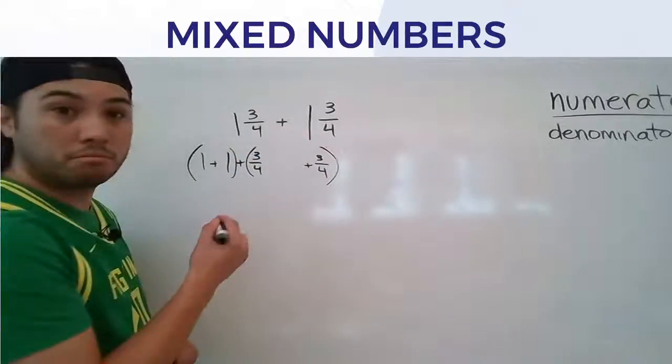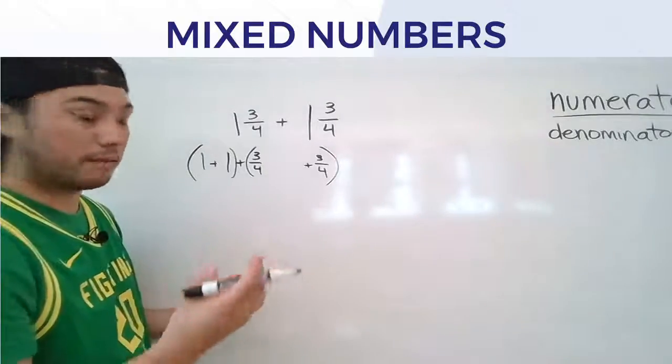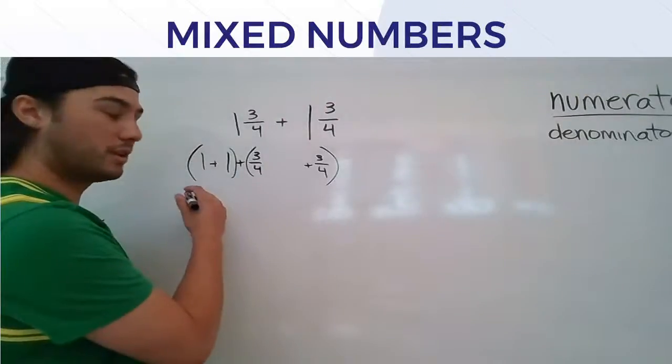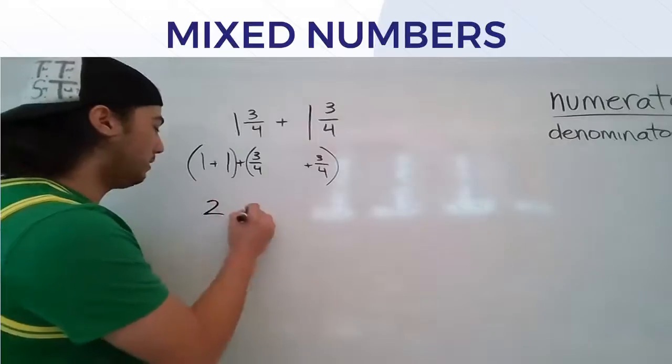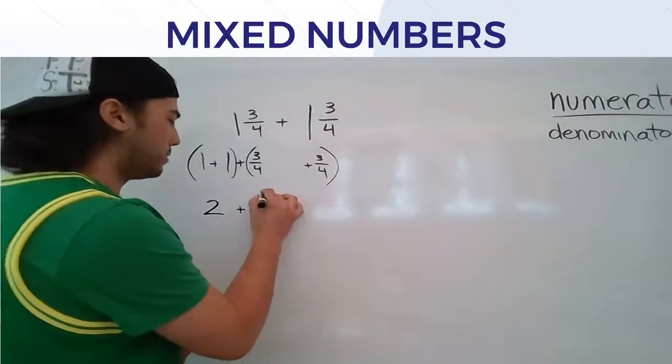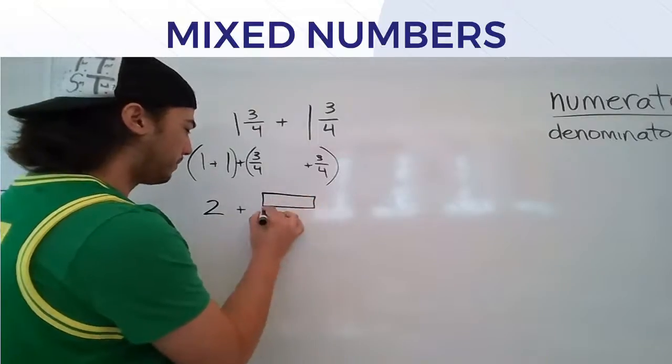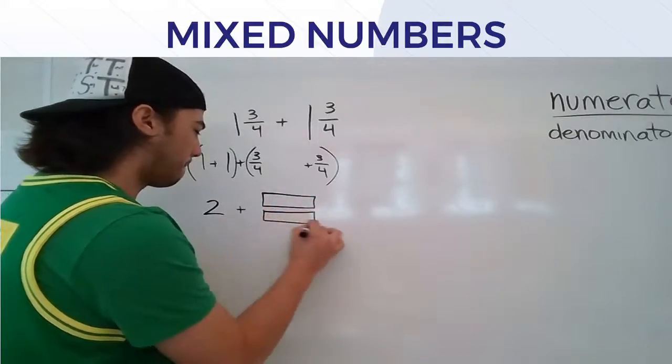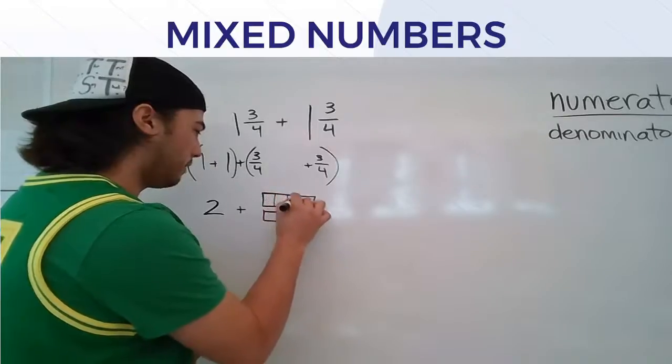So 1 plus 1, obviously it's 11. Just kidding. 2. Okay? And then 3/4 plus 3/4. And let's draw that out with our fraction bars, because that could be easier to see. So we make our fourths.